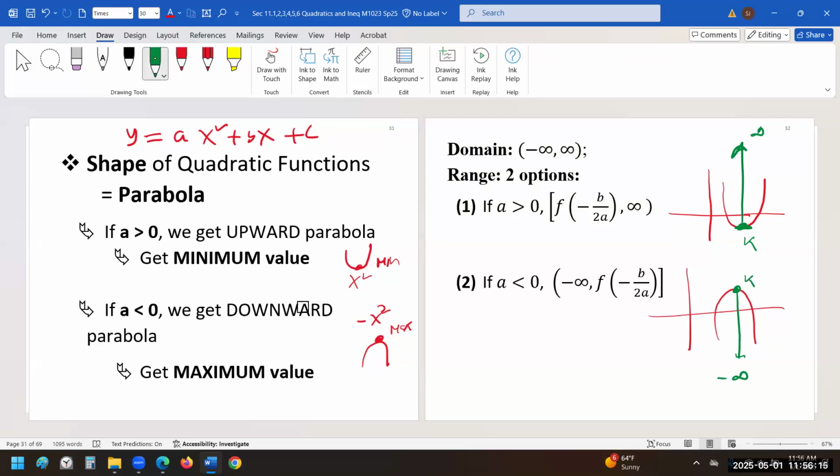Negative infinity to k, so this is your k. So negative infinity to k if you have an upside down parabola, but for upward, it's from k to positive infinity. That's the y's. For x's, it's the same. The x value runs from negative to positive infinity. The domain is everything.